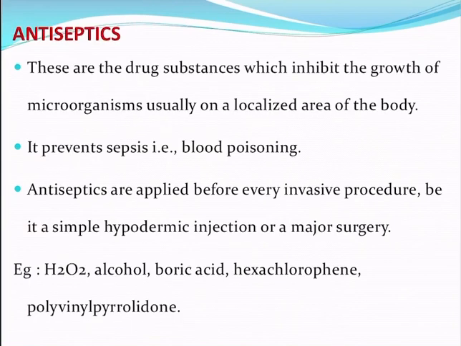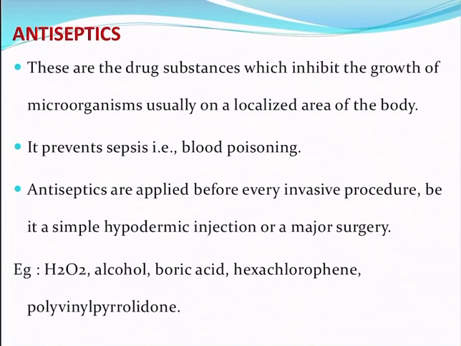The next class of chemotherapeutic agents is antiseptics. Antiseptics are drug substances which inhibit the growth of microorganisms, usually on a localized area of the body. An antiseptic may also be defined as a chemical substance which inhibits the growth or kills invading microorganisms on living surfaces such as skin and mucous membrane.